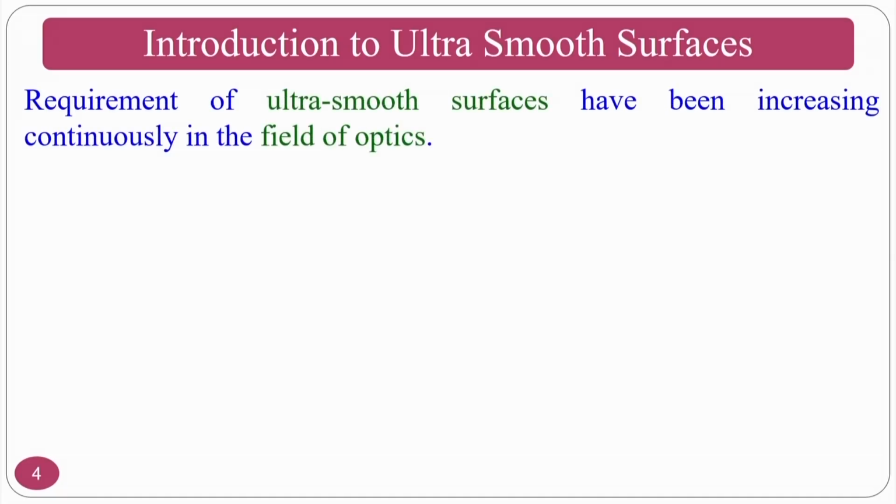So, introduction to ultra smooth surfaces, where you require ultra smooth surfaces. The requirement of ultra smooth surfaces has increased continuously in the field of optics. Optics means lenses, contact lenses, whatever you are seeing on my face, the eye lenses or the X-ray lenses, the different lenses in a telescope, different lenses in a microscope, and other lenses that have to be finished.